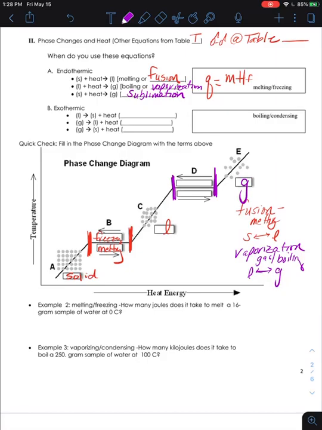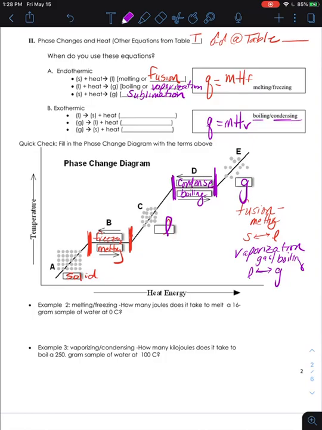So when we're talking about boiling or condensing, boiling would be going from a liquid to a gas. So let's put that in there. If we were taking a gas and making it into a liquid, that would be called condensing or condensation. We would use Q equals mass times H subscript v, the heat of vaporization.